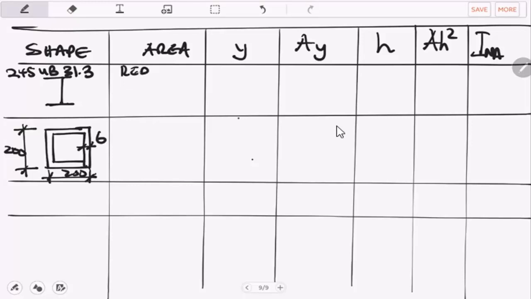You just go into the Red Book and select the area of the 254 universal beam. So let's check from the Red Book what the area is.